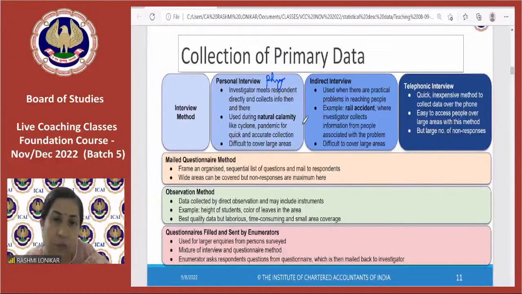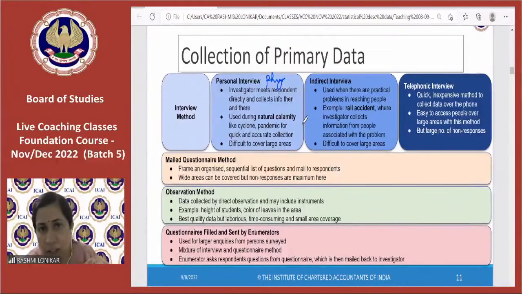Whether or not that person responds is a big problem. If he or she does not respond, then I am not able to collect the data. So even though I am able to reach a larger crowd, there is a chance of no response. So this is the interview method. The first method that we have studied for collection of primary data is the interview method.